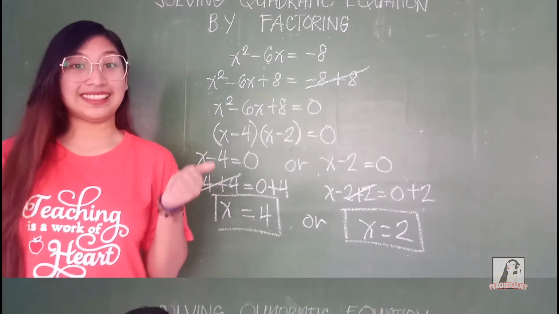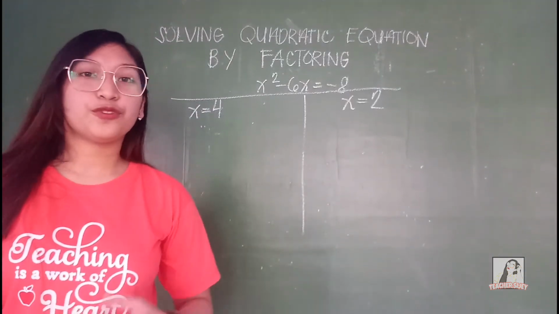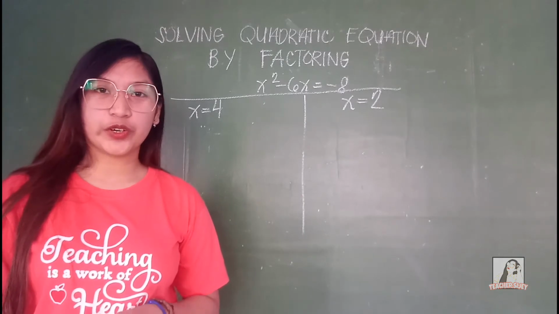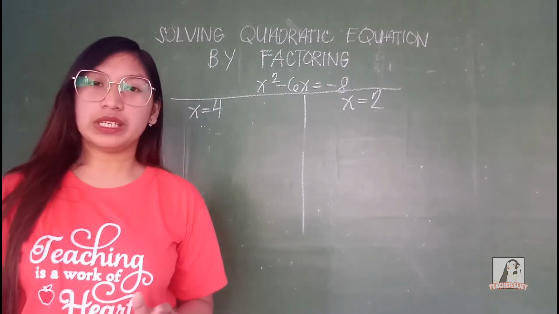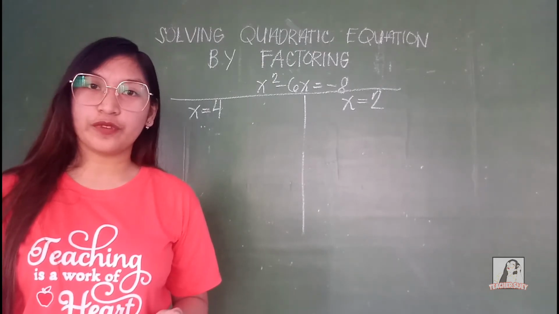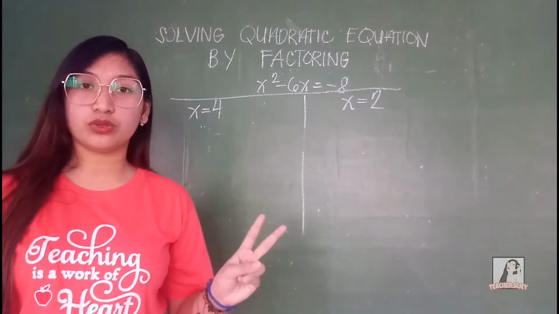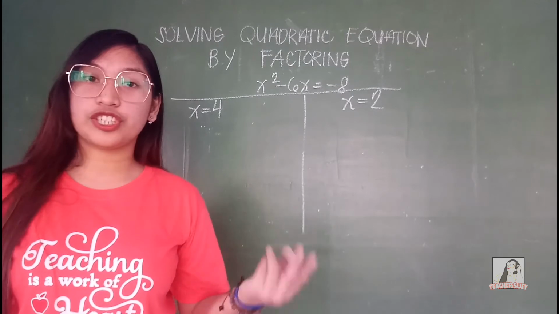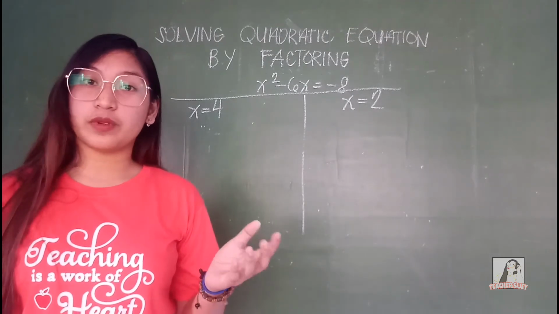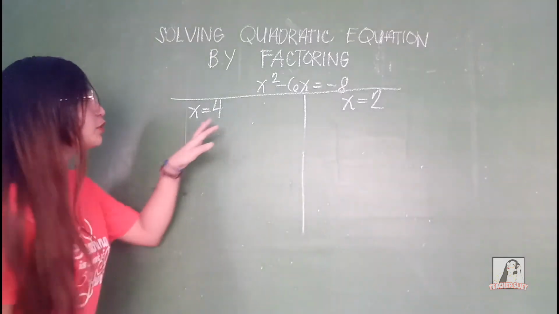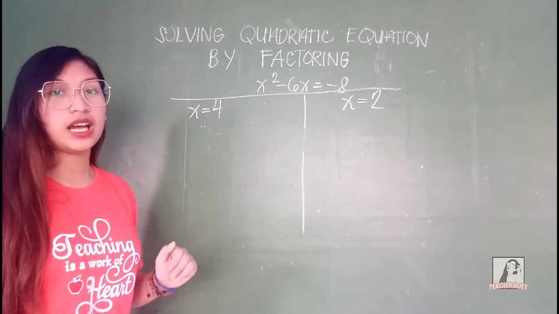And that's it. To verify if our answers are correct, we need to check using the original quadratic equation. We need to substitute the values of x, which are 4 and 2, into the original quadratic equation. So let's start with x equals 4. Let's substitute 4 into the original equation.